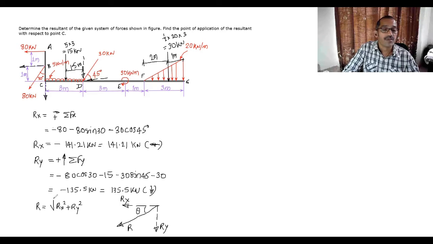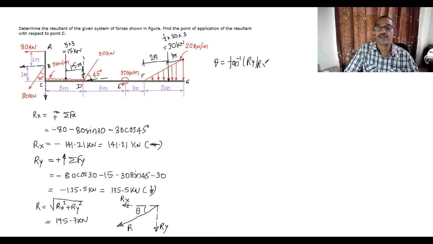Just substitute the Rx and Ry values, and R comes out to be 195.7 kilonewton. How do we get theta? The inclination of the resultant with the horizontal is tan inverse of Ry upon Rx. Substitute both values here and we get the angle theta.